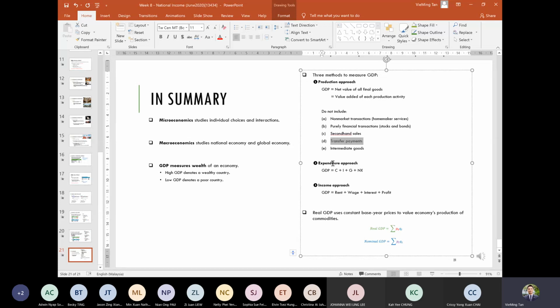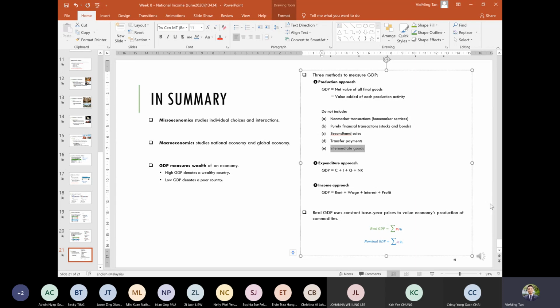They also should not be included, because the recipients of the transfer payments are not going to generate productive activities for the country, so they should not be included in the GDP calculation. And lastly is intermediate goods. Intermediate goods are the goods used to produce final goods in future, and also should not be included in the GDP calculation. Okay, so these are the things that you have to remember.